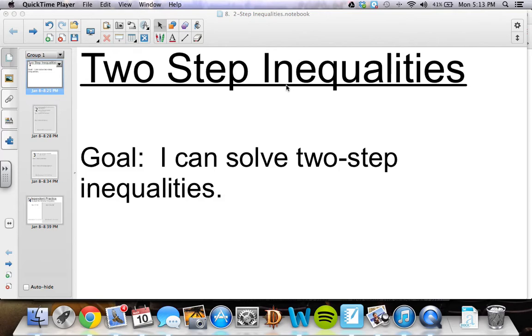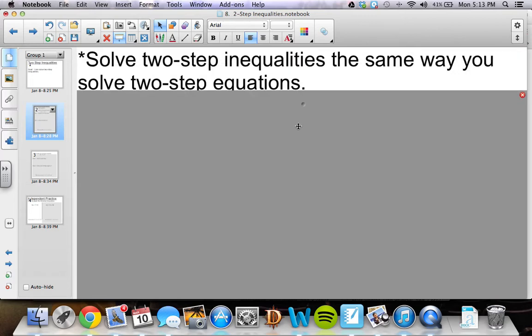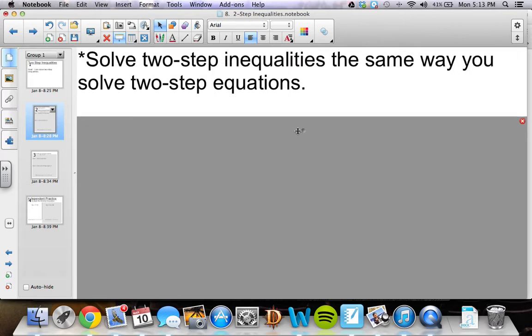So let's get going. Obviously the goal of this video is for you to be able to solve two-step inequalities. Solving a two-step inequality is just the same as solving a two-step equation. So that means we're going to do the inverse operations working backwards.